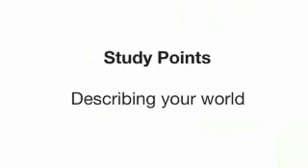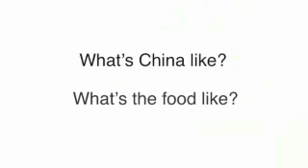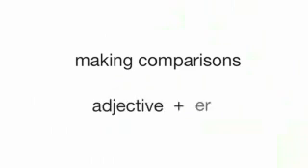As we go through life, we describe things all the time. In today's lesson, we're going to learn how to ask questions using like. What's China like? What's the food like? We're also going to talk about how to answer these questions. We're going to make comparisons by adding ER onto an adjective, like cheaper.